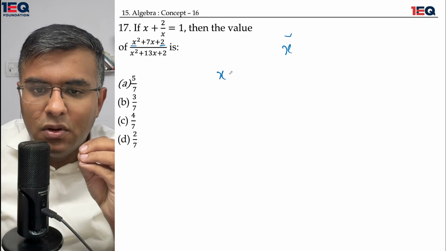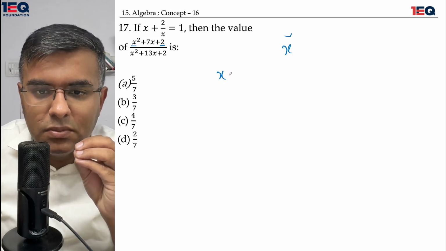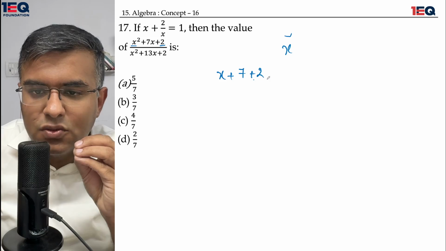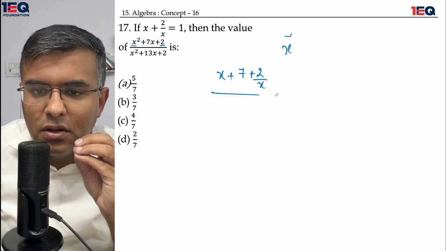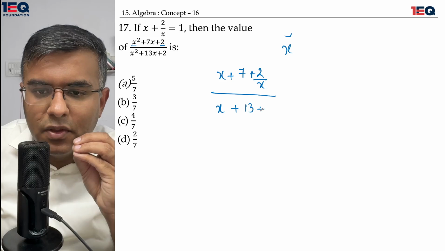So the value would come out to be x plus 7 plus 2 by x. This is the numerator. Talking about the denominator, there can be x plus 13 plus 2 by x.